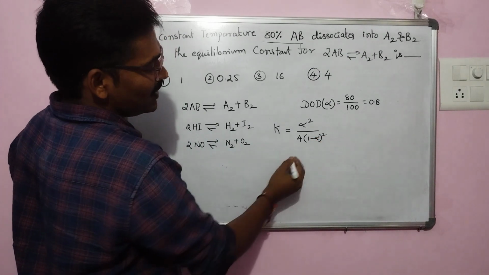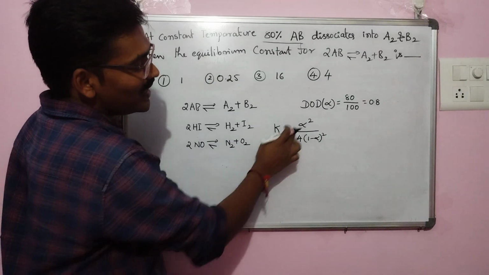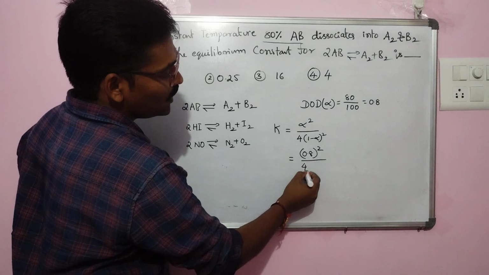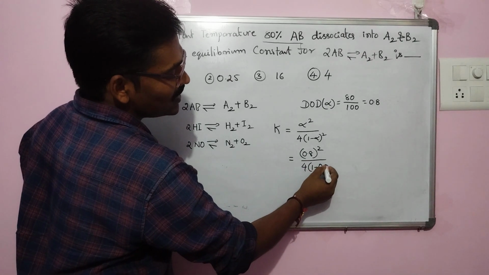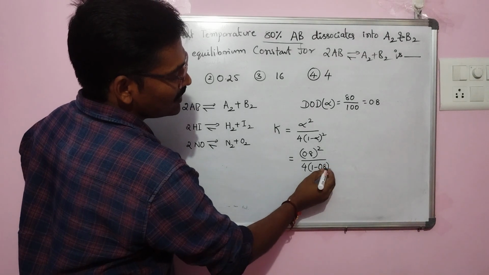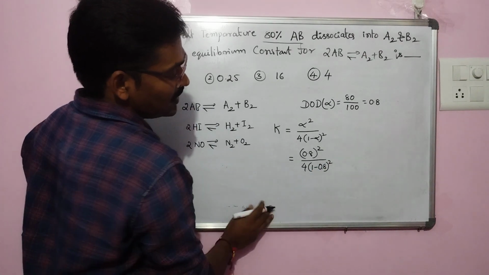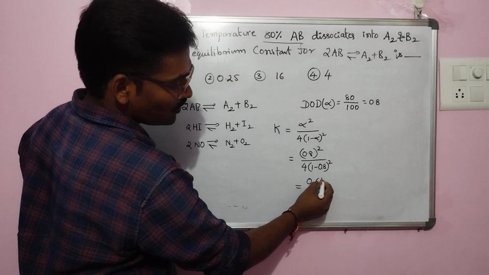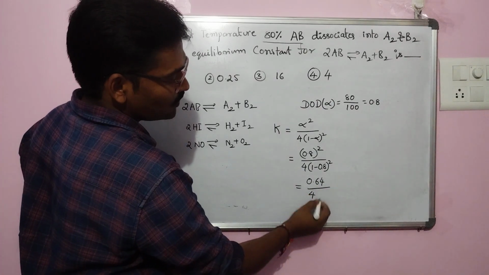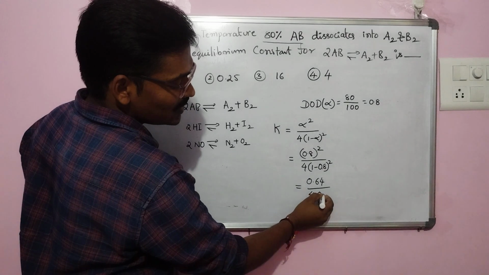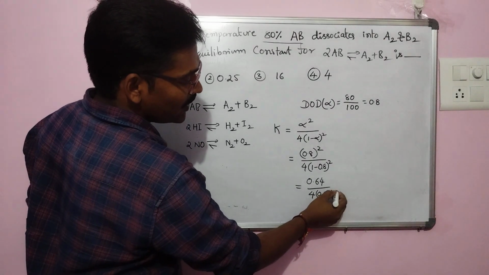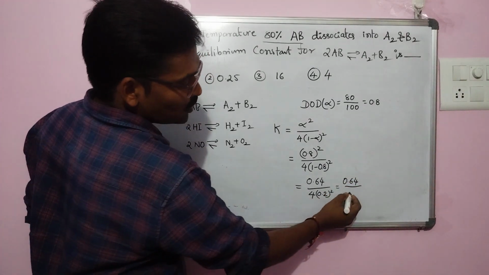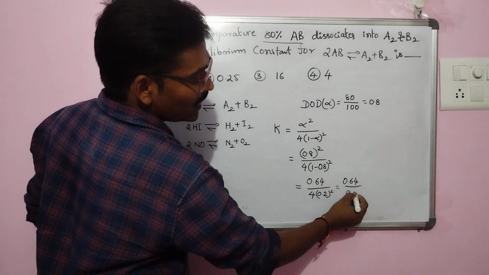Alpha is 0.8, so 0.8 whole square divided by 4 into (1 minus 0.8) whole square. 0.8 into 0.8 is 0.64, divided by 4 into 0.2 whole square, which is 0.16.